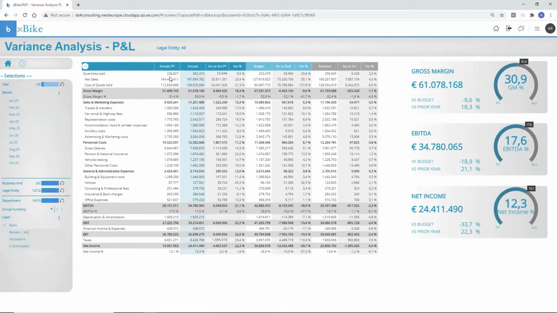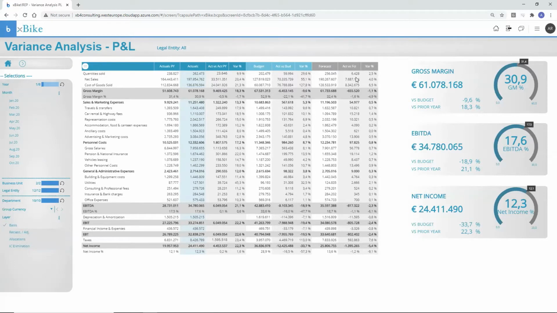In columns, we have the actuals previous year data, the actuals current year, the variance actuals versus previous year in values and in percentage, the budget, the variance versus the budget, forecast, variance versus the forecast.